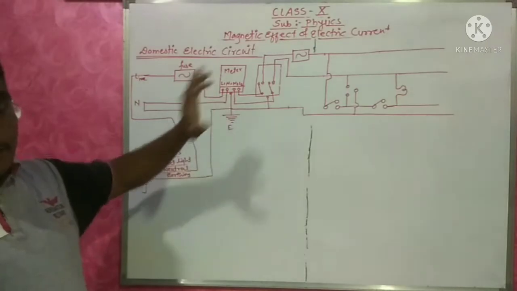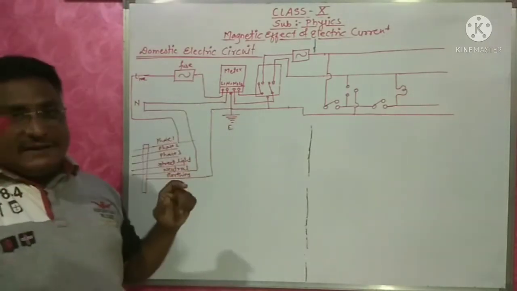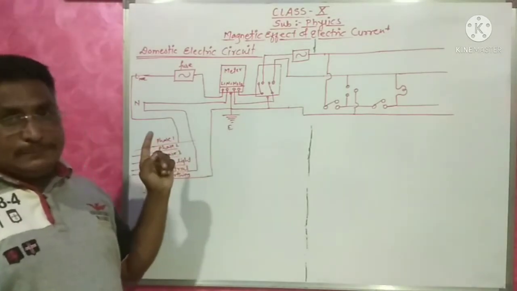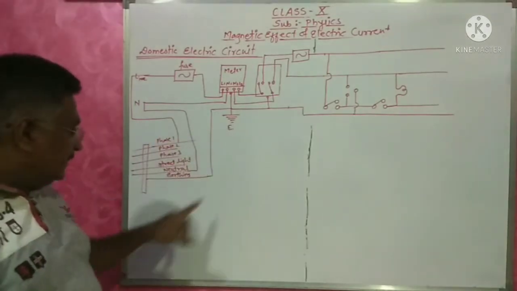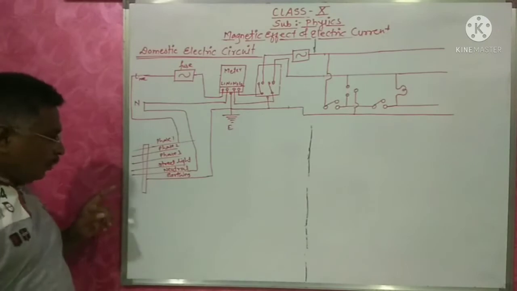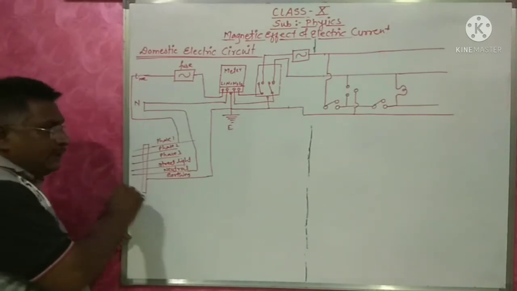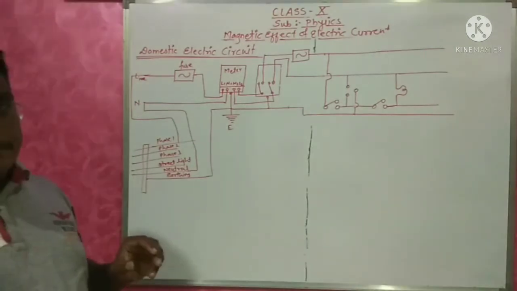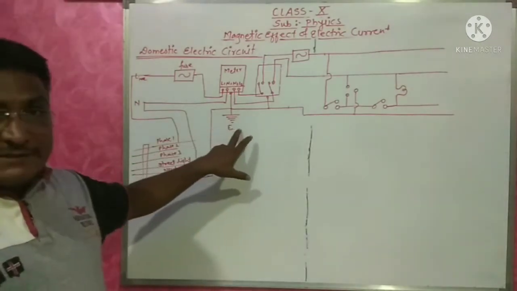On the third side of the meter, one nut is there. There we attach the earthing, the home earthing. To that home earthing, we connect the earthing coming from the pole. In everyone's home it is there.